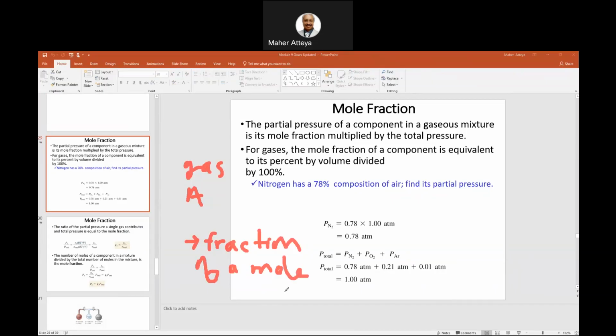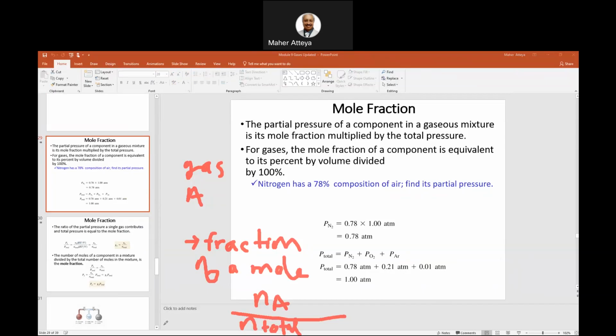So this will tell you N, the moles of gas N, to N total, correct? That's a ratio. Mole fraction is a ratio between the moles of the specific gas in consideration divided by the total moles of the gases in a mixture.